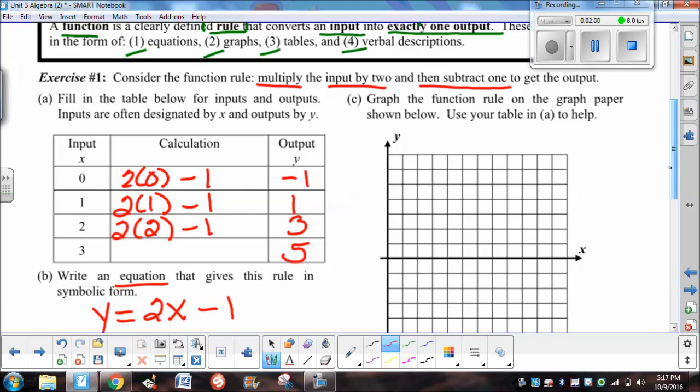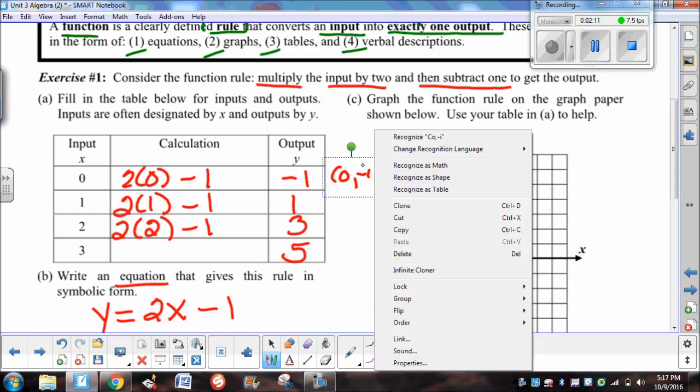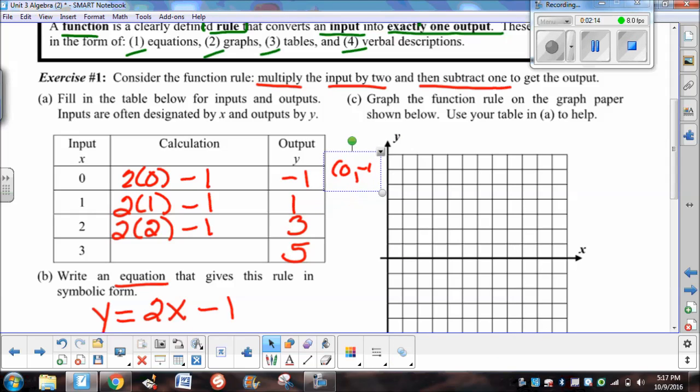And part C is going to be that function as a graph. So we're just going to plot these points that we came up with on our table. So 0, -1, I'll write them next to the table. I apologize. 0, -1. The next one would be 1, 1.